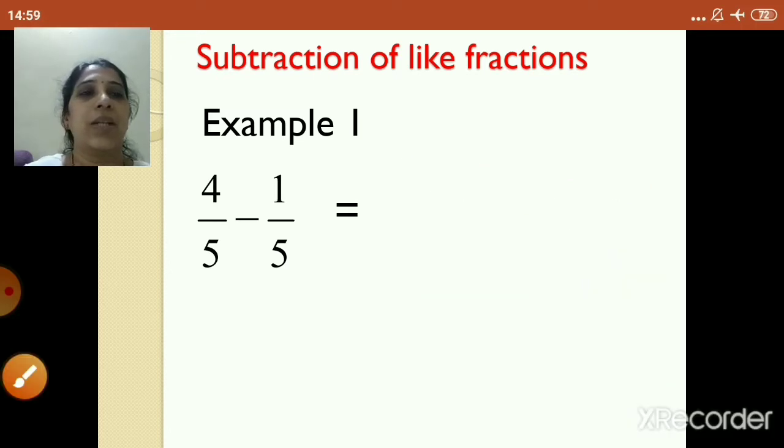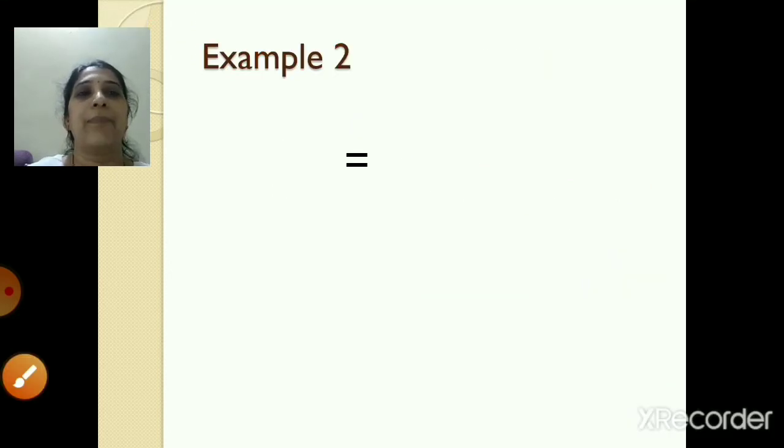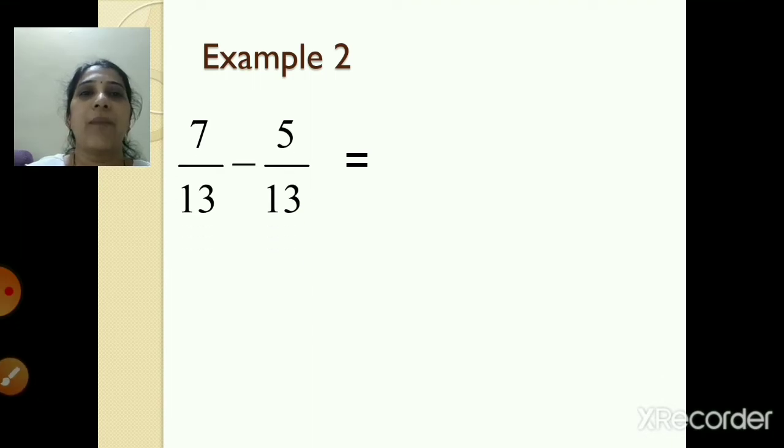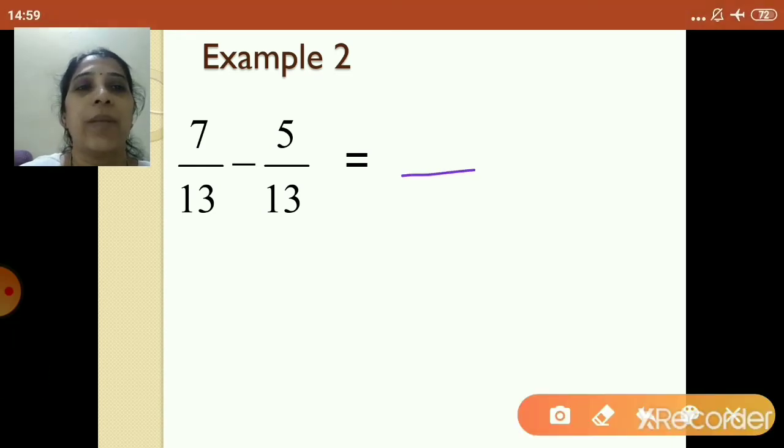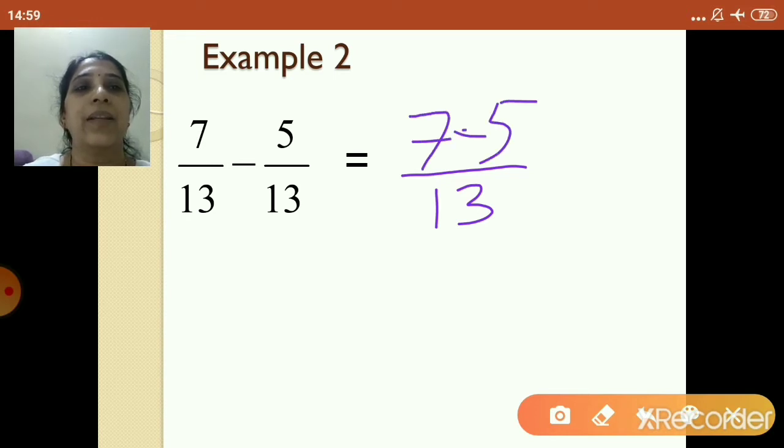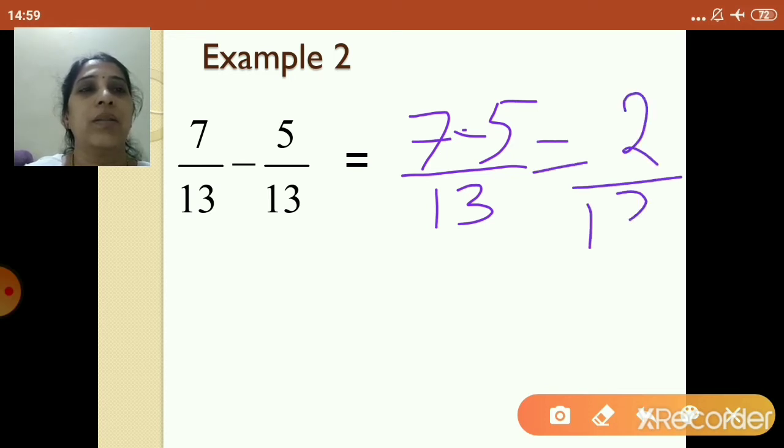So let's move to the next one. Example 2. 7 upon 13 minus 5 upon 13. So again what you will do? You will keep the denominator common as 13 and then 7 minus 5. So what is 7 minus 5? 7 minus 5 is 2 upon 13.